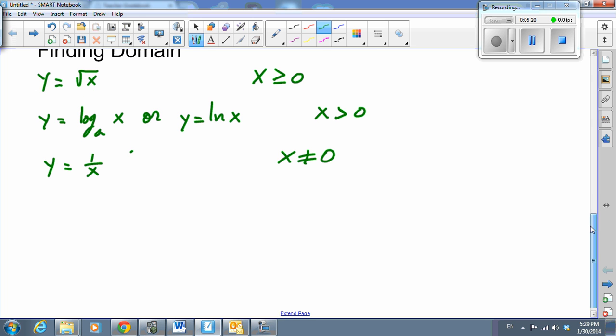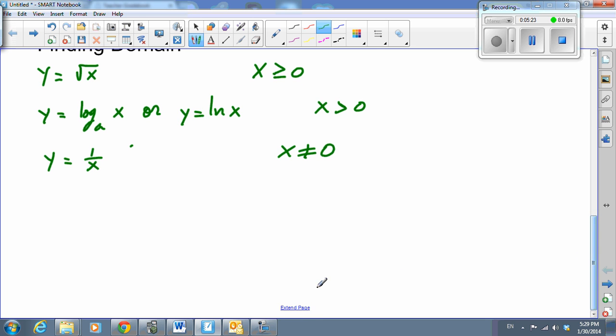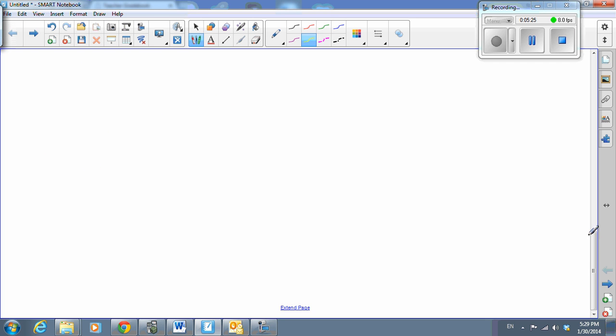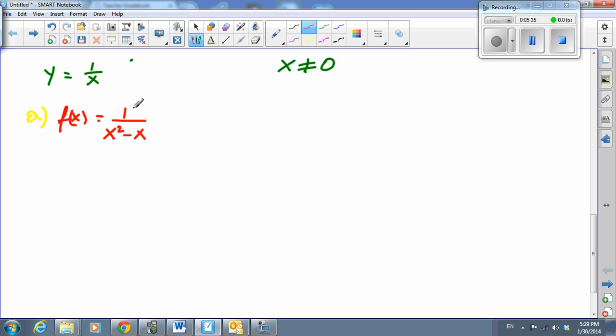Let's go ahead and do 3 separate examples. The first example, I will call it A. For example 1, I will give myself f of x is equal to 1 over x squared minus x. Because it's a fraction, I will start by saying x squared minus x, which is the denominator, must be different than 0.